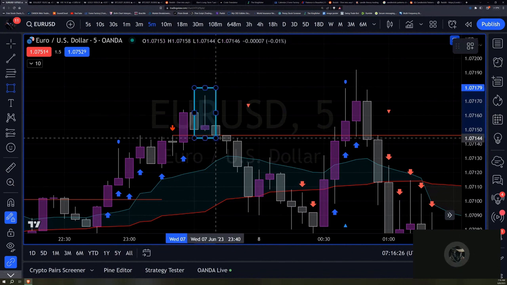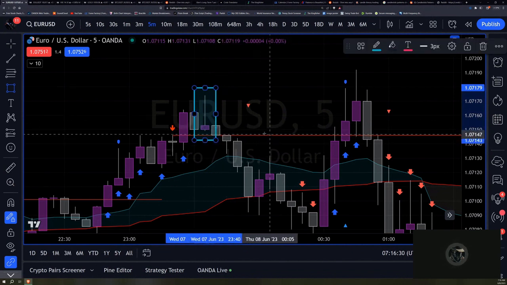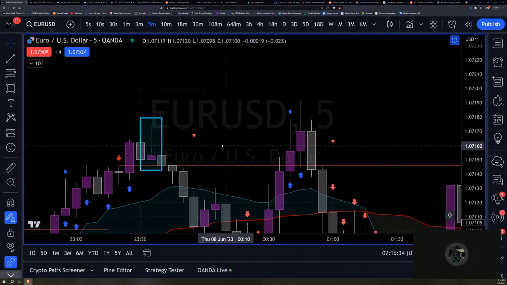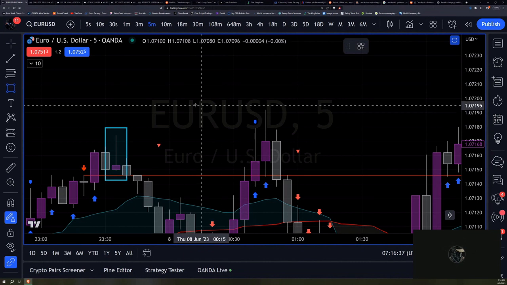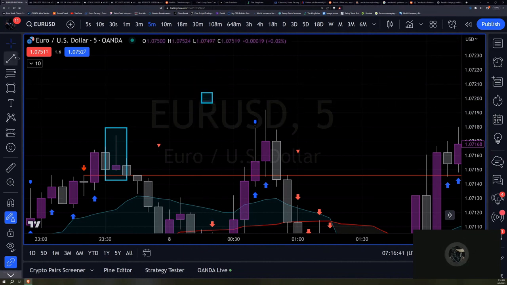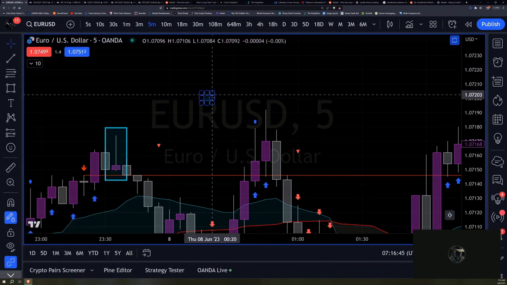This candle that I'm going to outline right here, it's called the high test candle, shooting star, whatever that might be. So to illustrate that, let me recreate this candle.